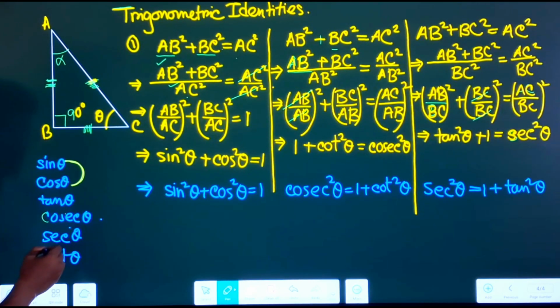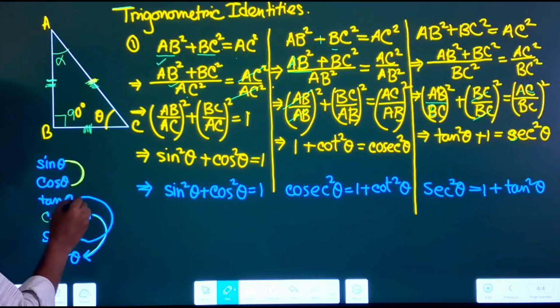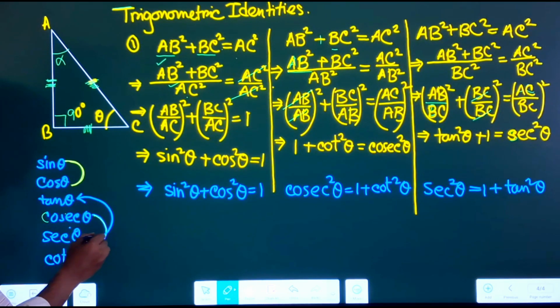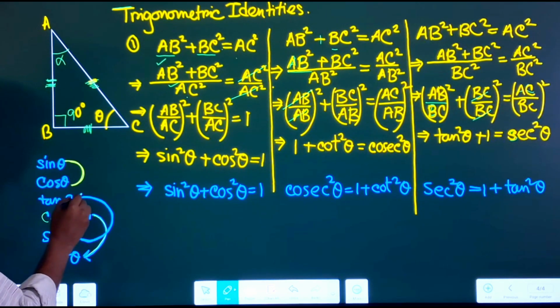There is a relation between cosec and cot: cosec square theta equals to 1 plus cot square theta. And last, there is a relation between sec and tan: sec square theta equals to 1 plus tan square theta.